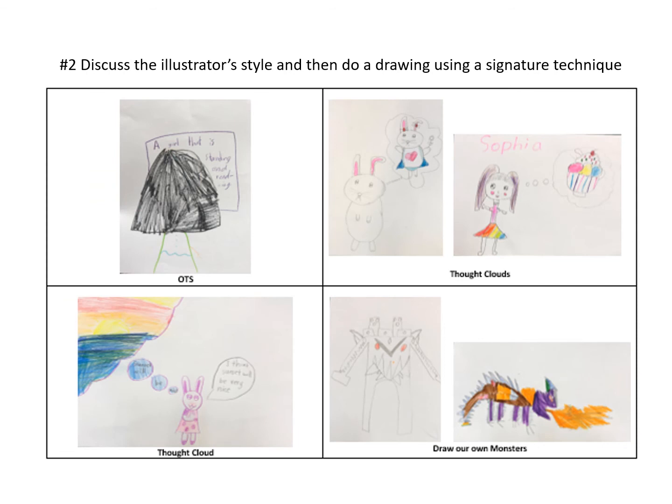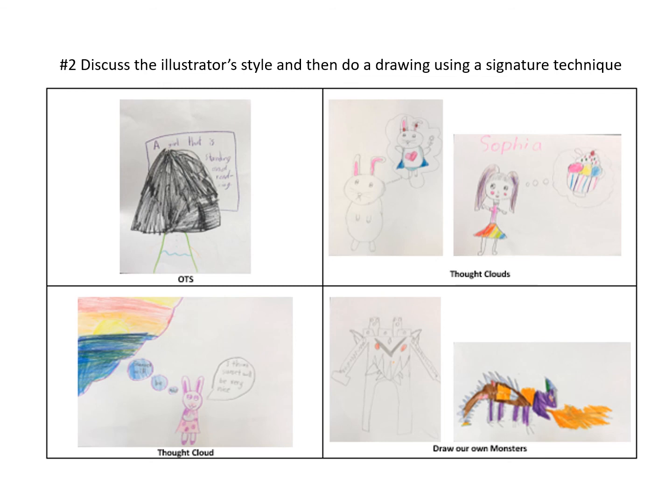So, for example, here, after reading those two books, we can see a thought cloud, and in fact there's a few thought clouds here featuring characters. So you can see that our characters are thinking of other characters. And then we've got an OTS one there.